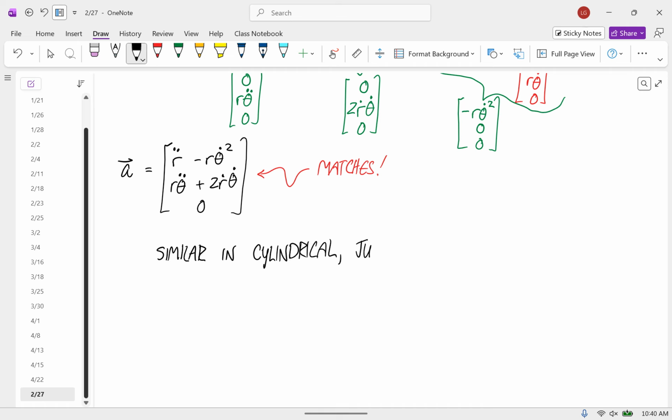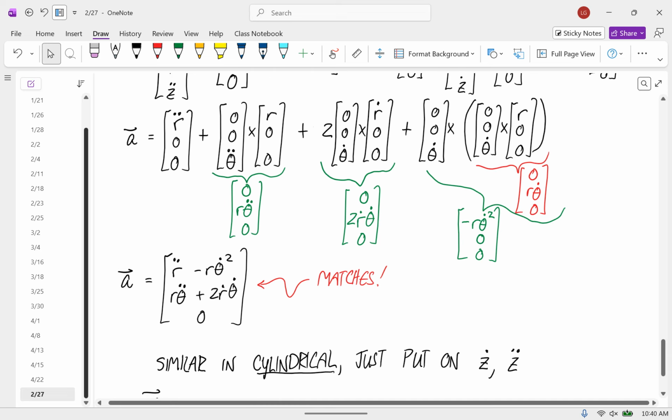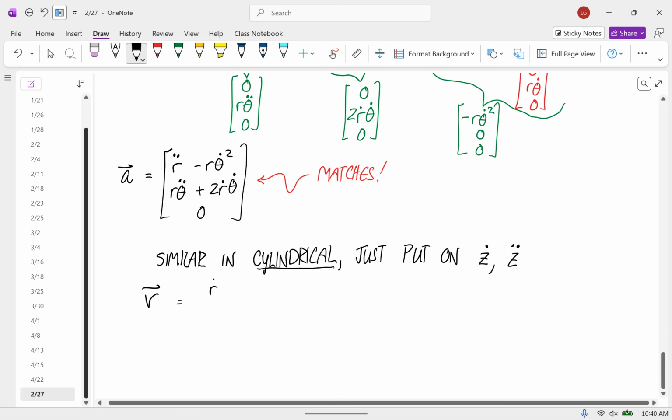So the velocity in cylindrical is whatever we had below: r dot, r theta dot, and then z dot.